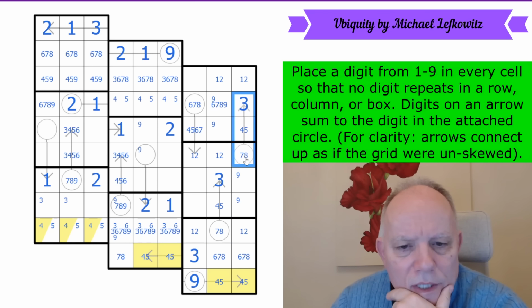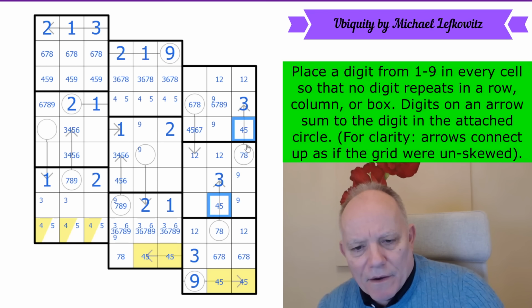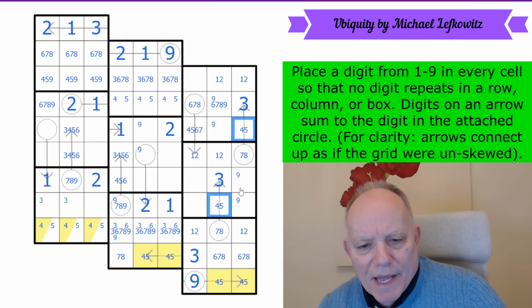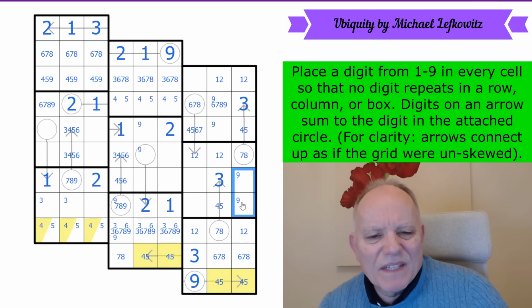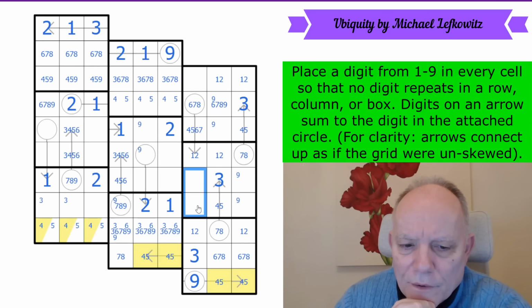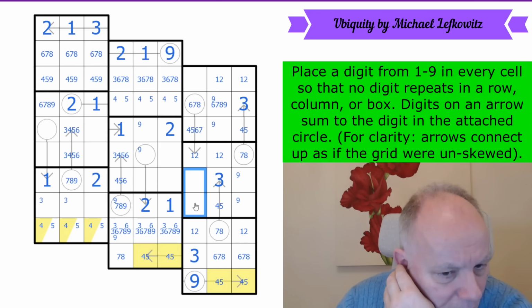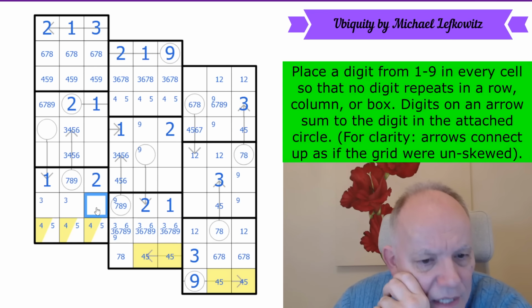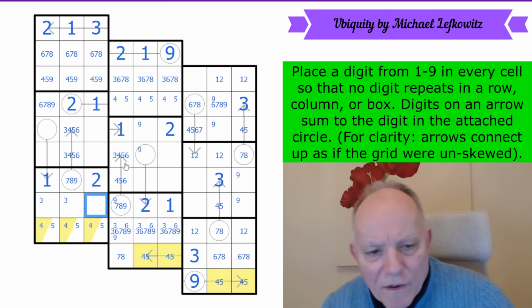These verticals are close to being done, but not quite. Okay, maybe there would be something going wrong if this was a 4, 5 pair. No, not particularly. That digit would go in one of these 2. I can't see a problem with that. This digit can't be 1, 2, 3, 4, or 5.